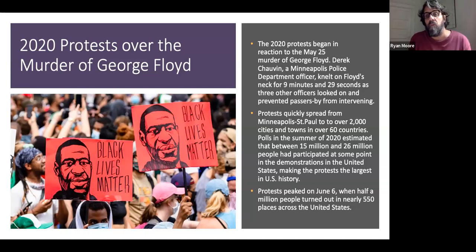So, of course, the events of this are very well known. Derek Chauvin, a Minneapolis police officer, knelt on Floyd's neck for 9 minutes and 29 seconds, while 3 other police officers looked on and prevented passersby from intervening.